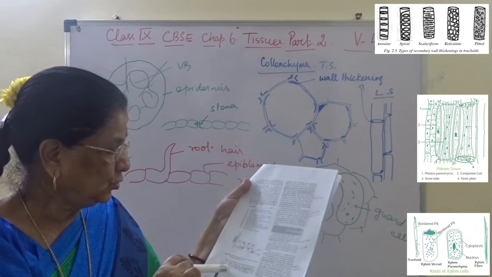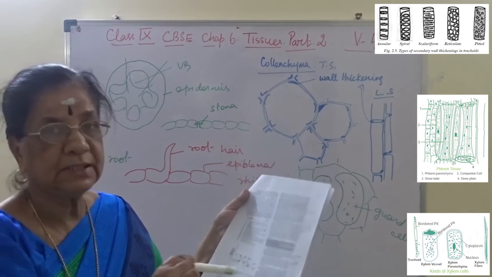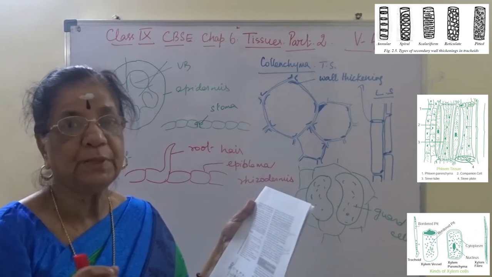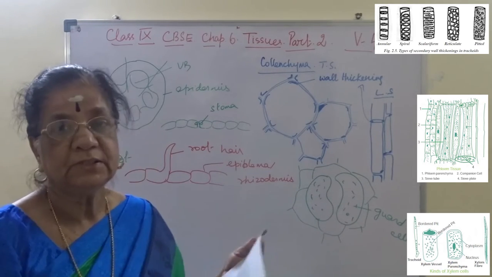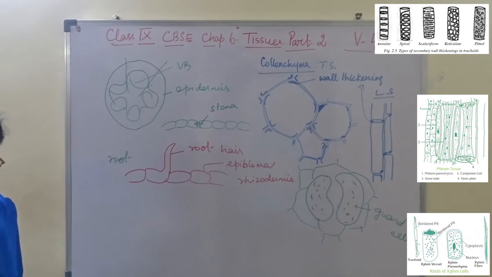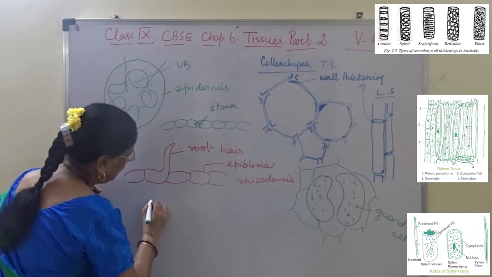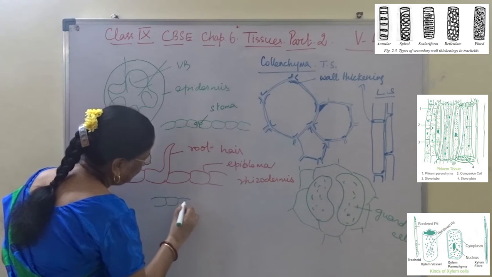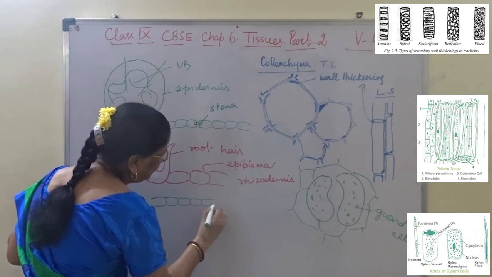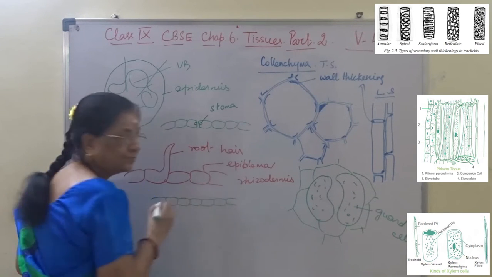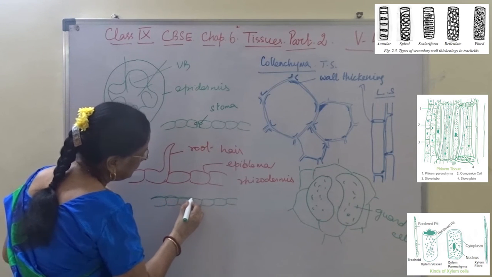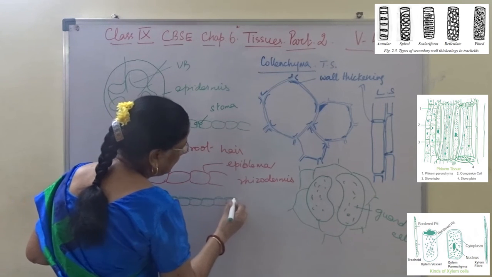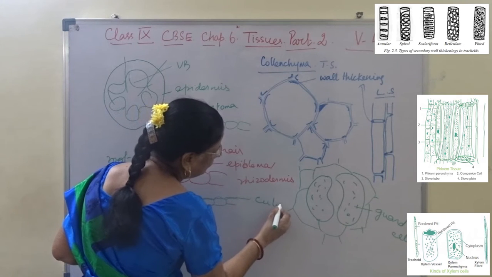It will usually be made of a single layer of cells, but in some plants, especially desert plants, it will be covered by a layer called cutin. Normally, green plants will have epidermis like this, right? And it will be covered by another thick layer called cuticle.